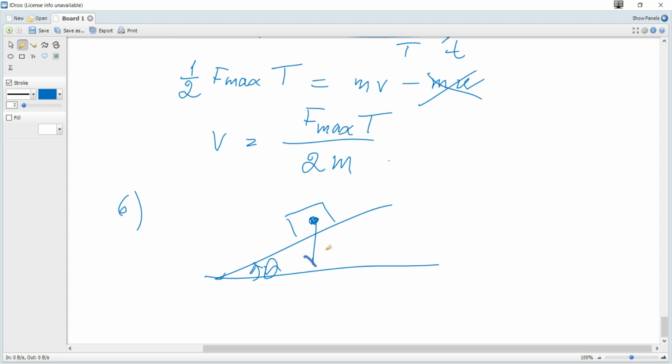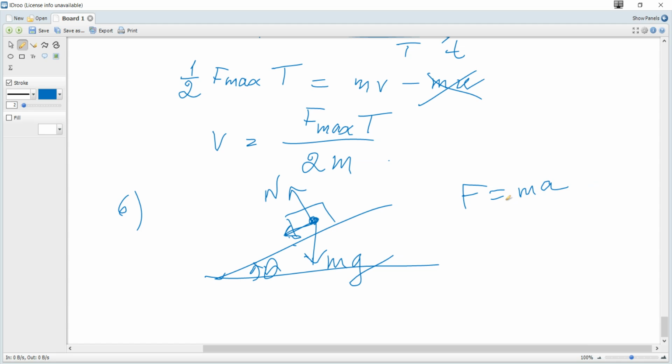Let's consider forces: mg, normal reaction, and frictional force, and the frictional force is not negligible. Why? Because when friction is 0, we can see that there is a component of mg along the ramp, hence there is a net force along the ramp, and if there is net force, there must be acceleration.